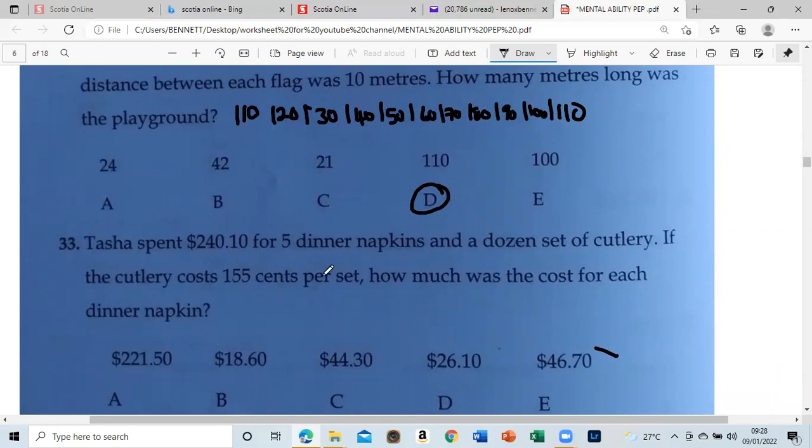All right, so Tasha spent $240 for 5 dinner napkins and a dozen set of cutlery. Right, so a dozen, so 12. So what we have to do now is to convert this to dollars, right? A dozen set, so 12 sets you got. So it would be $1.55 times 12.